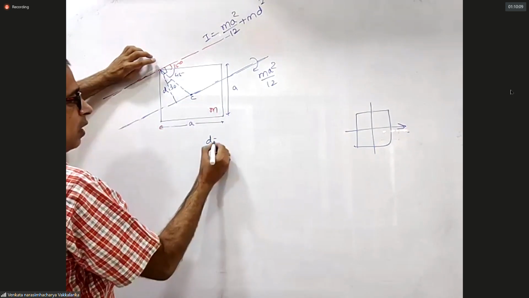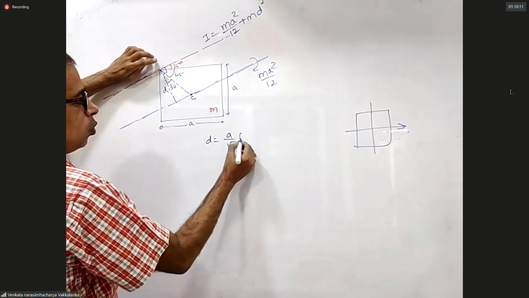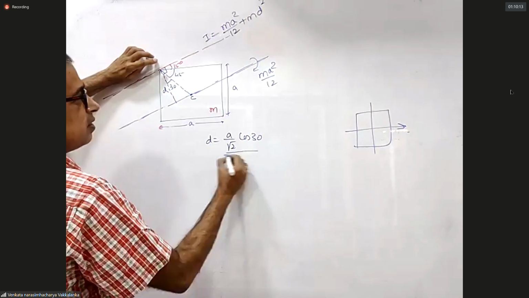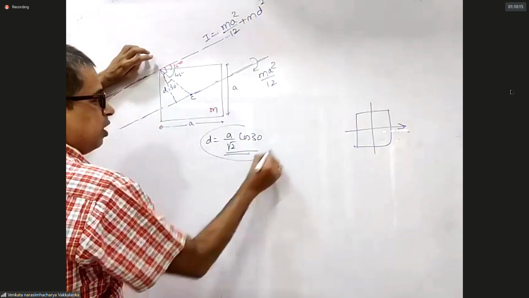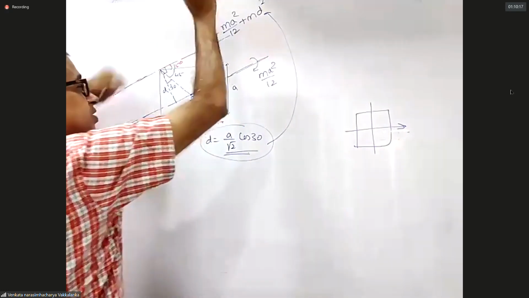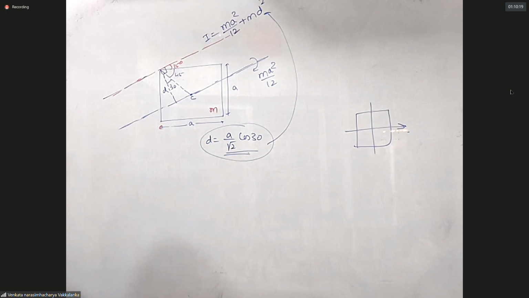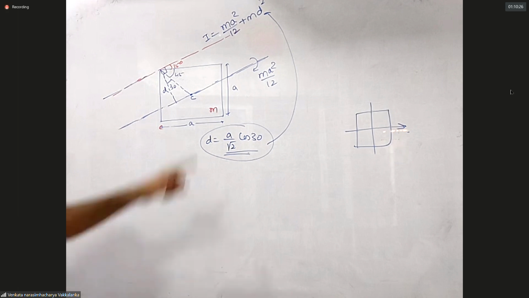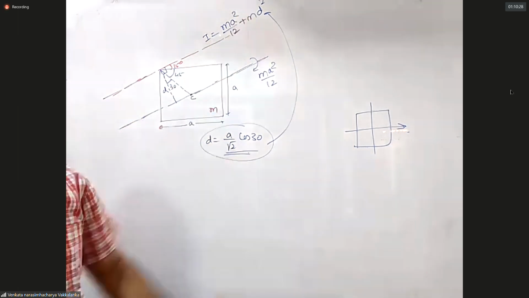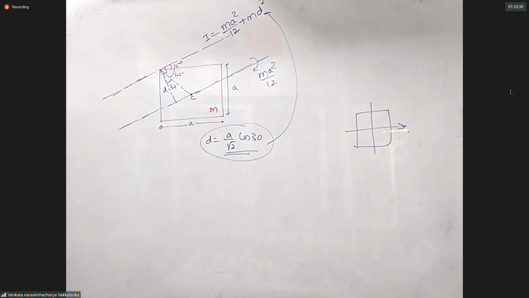D will be equal to a by root 2 cos 30. Substitute this D here, you get the answer. I is equal to IC plus M into D square.